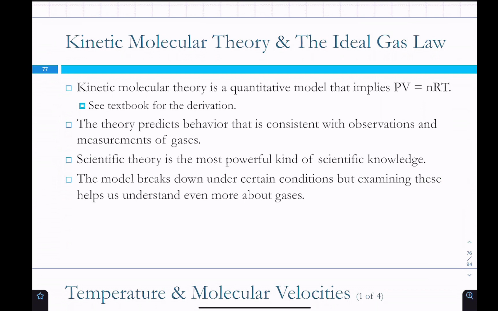The theory predicts behavior that is consistent with observations and measurements of gases, which is a really cool thing, because if you can describe something in mathematical terms and then do real world experiments and see that your predictions are accurate based on your model, that's a very powerful thing. Because now you can predict a whole bunch of things without ever having to do the experiment first.